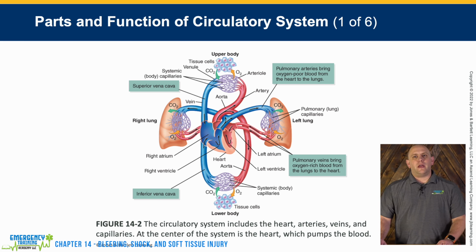Just a reminder and refresher, talking about the pipes, or the arteries and veins, that are carrying the blood around to the body. Arteries are the muscular vessels that carry blood away from the heart under high pressure. Capillaries are the network of smaller pipes that actually distribute the oxygen to the cells at the cellular level.